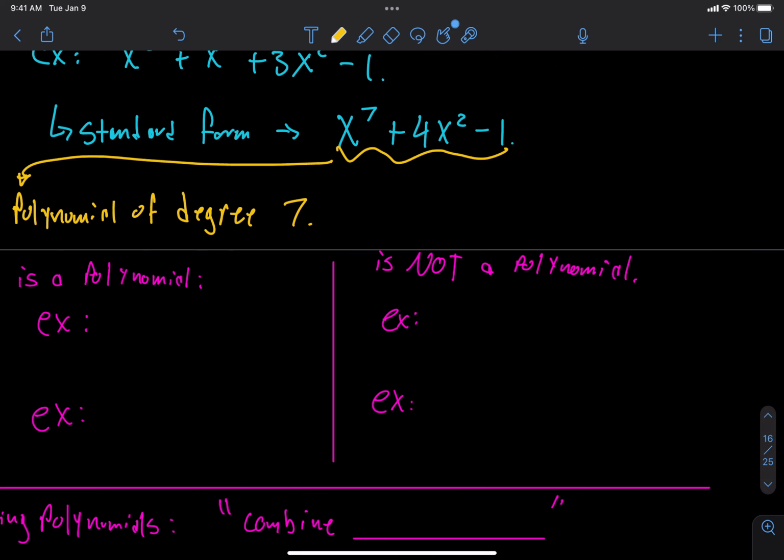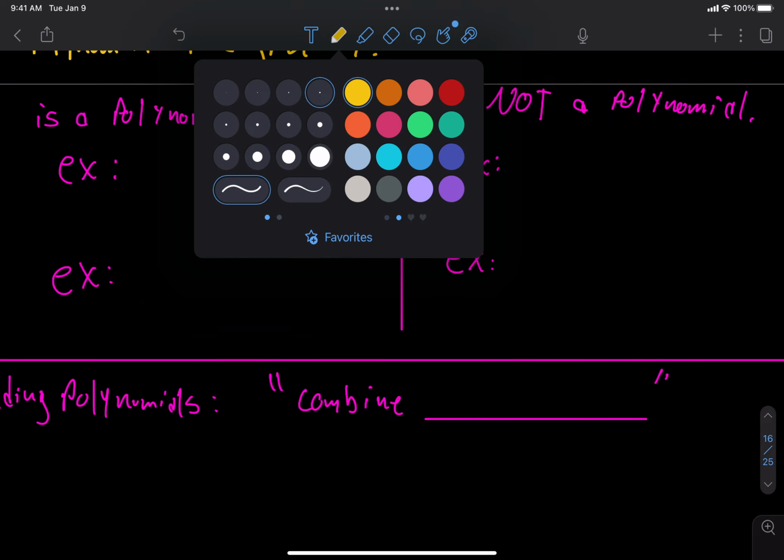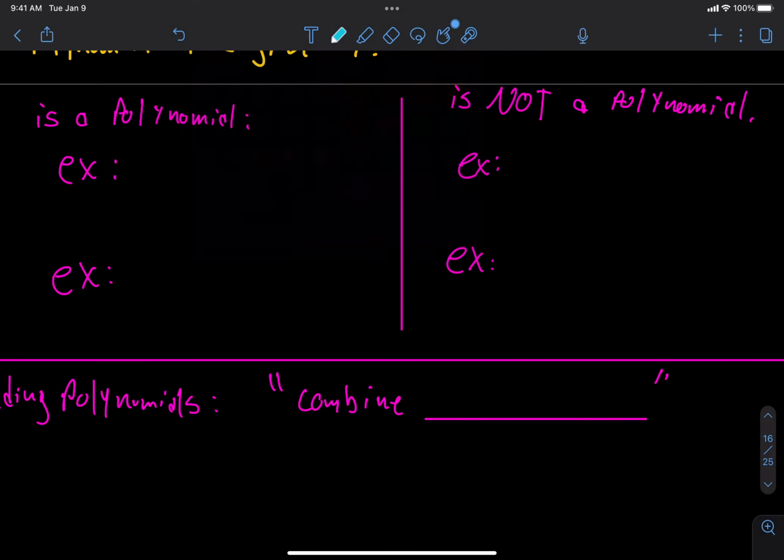Okay, so let's see some examples of polynomials real quick. So one example could be, I don't know, we've seen several so far. Can someone give me an example of another polynomial? X cubed plus 2x squared.